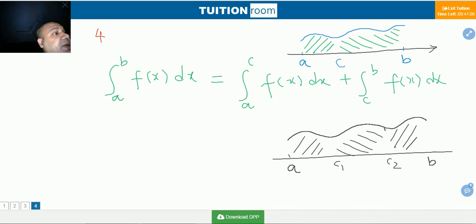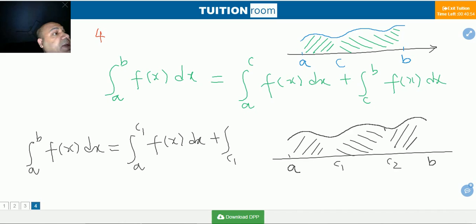Then the whole area can be calculated in a single step, or we can compute it in multiple steps: first from a to c1, then from c1 to c2, then from c2 to b. This is the fourth property, very important. Copy it.